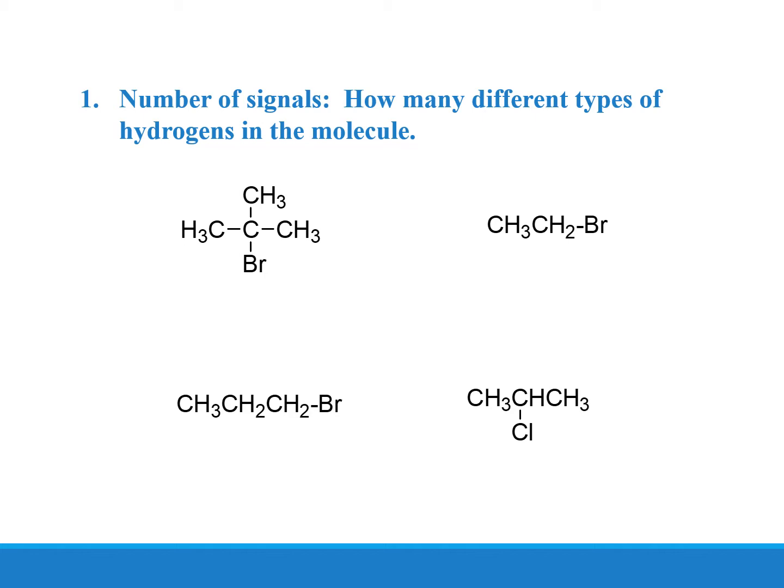You can also look at the other structures. For instance, in ethyl bromide, the methylene hydrogens are very near to bromine compared to the methyl hydrogens in the CH3. Therefore, in ethyl bromide, we have 2 different environments.